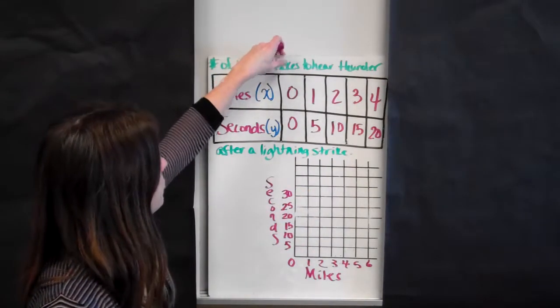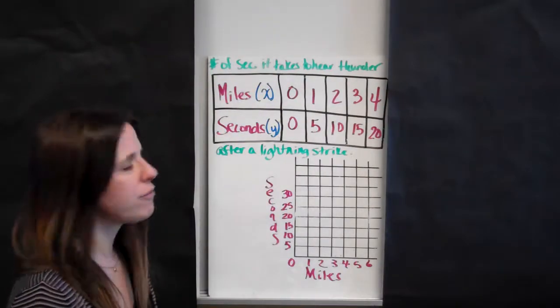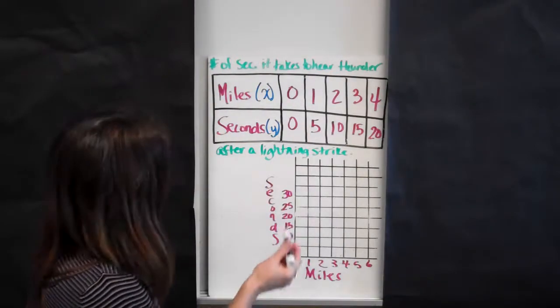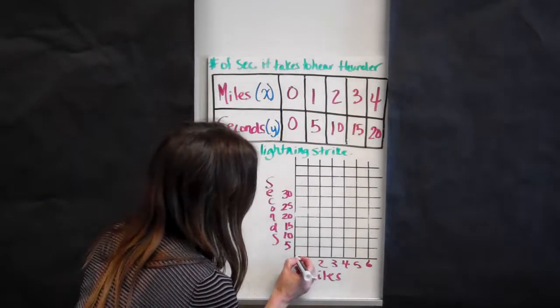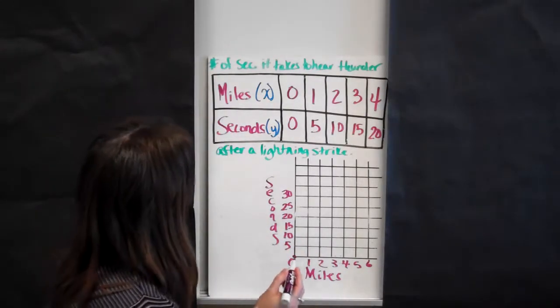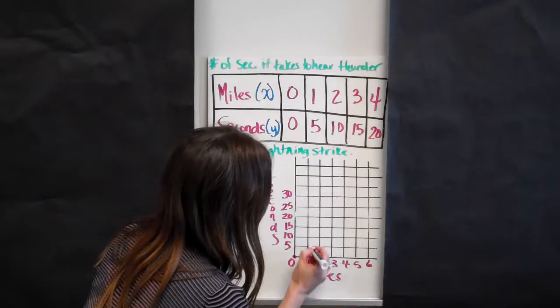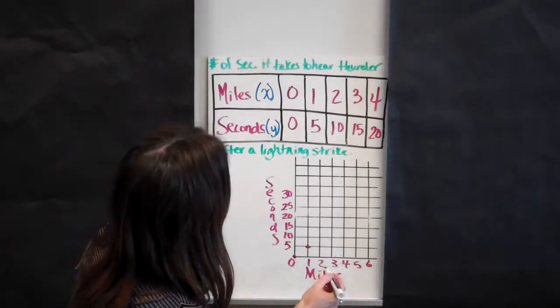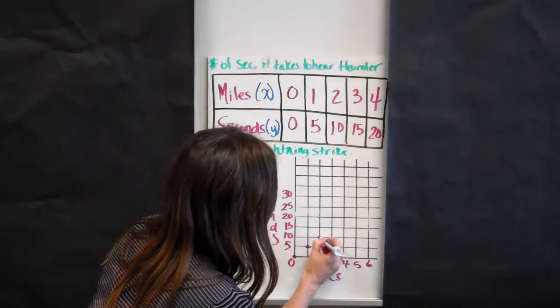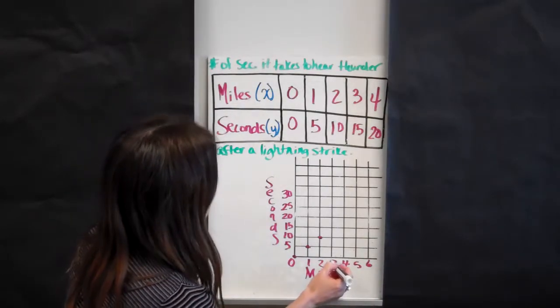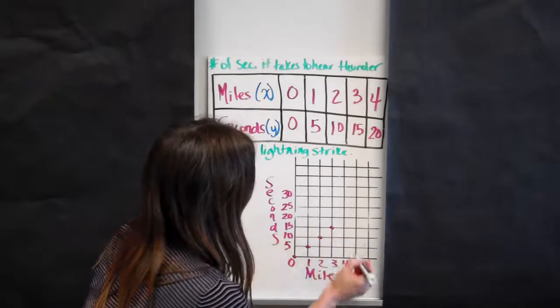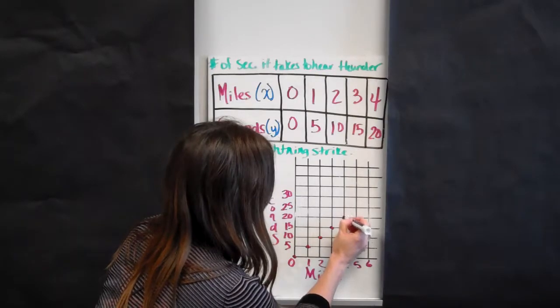Okay, I'm going to use a table to make a graph, so I'm going to plot my points. I have 0 miles for 0 seconds. For 1 mile, we have 5 seconds. For 2 miles, we have 10 seconds. 3 miles, 15 seconds. And 4 miles, 20 seconds.